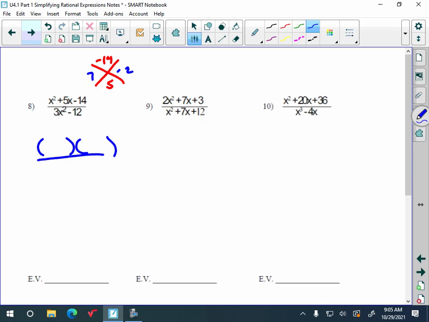All right, so on top, it'll factor into x plus 7, x minus 2. On the bottom, I'm going to pull a GCF out, which is 3. I'm left with x squared minus 4. All right, now x squared minus 4 is a difference of squares, so that'll factor further into 2 more binomials. Get rid of that, x squared minus 4, put x plus 2, x minus 2 there instead.